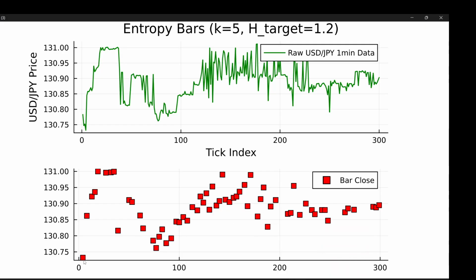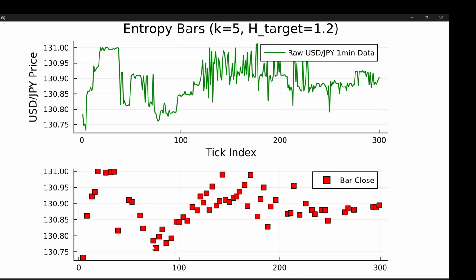Now, as you can see, there are fewer bars, but the information content is consistent. So every bar closes when Shannon entropy is greater than or equal to 1.2, and then it closes, and then it closes.